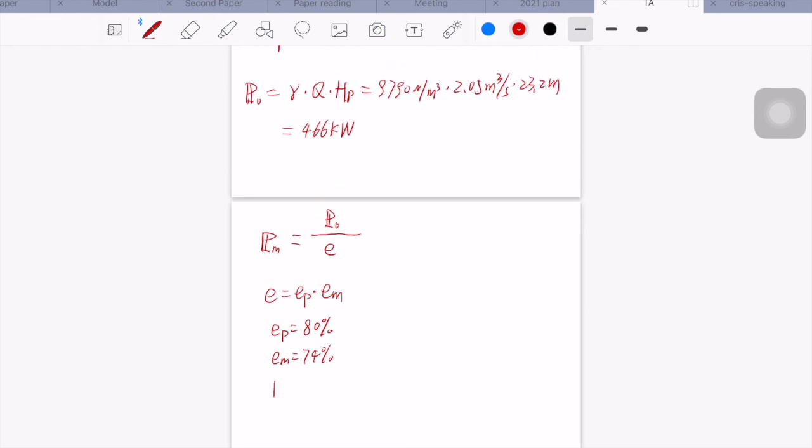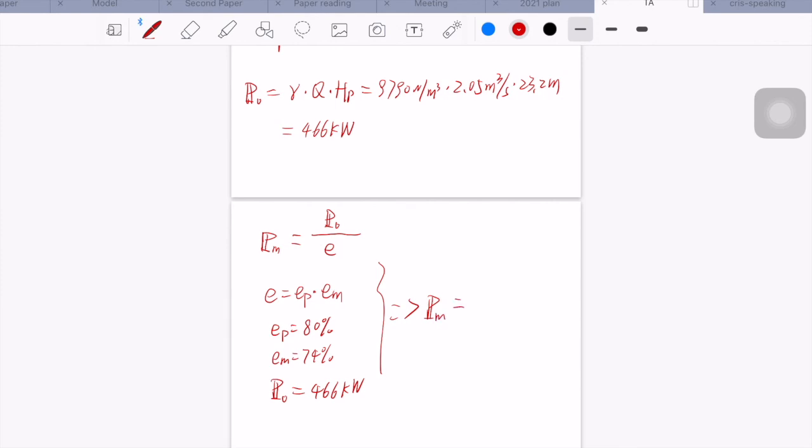And we know P0 equals 466 kilowatts. So we can determine the power input to the motor.